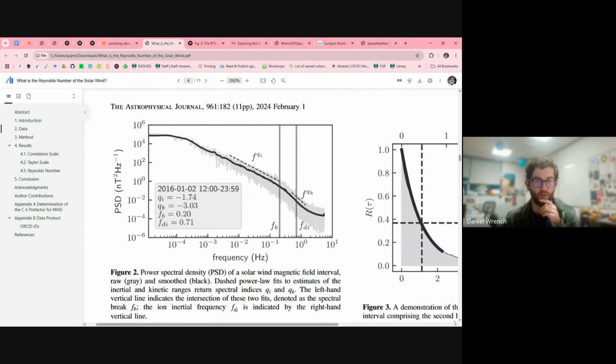You can see here with these dashed lines, here is the slope of that power spectrum in what's called the inertial range of turbulence, where we see the self-similar behavior across different scales. So typically we'll collect a time series of the magnetic field of the solar wind, and from that we'll compute things like the power spectrum, we'll fit various power laws and compare those with theoretical predictions of how fluctuations should behave in a turbulent flow.